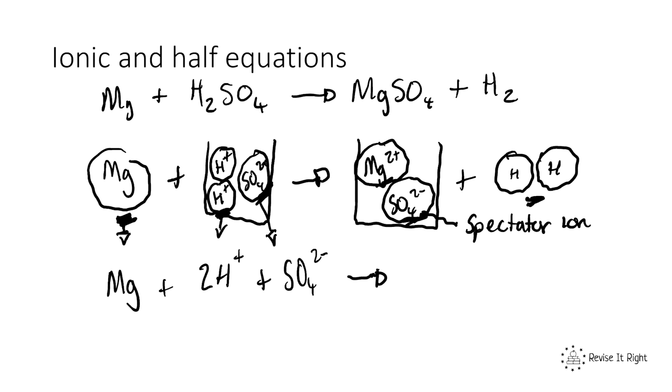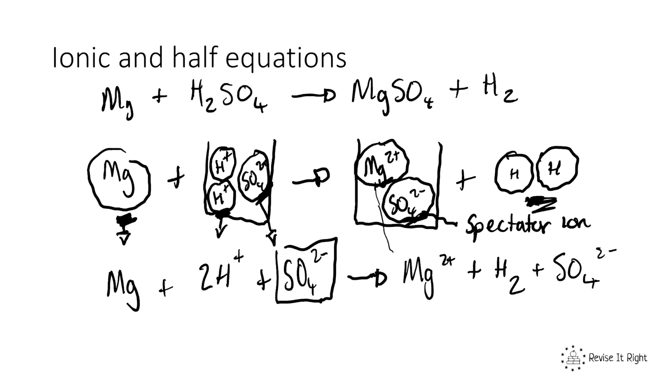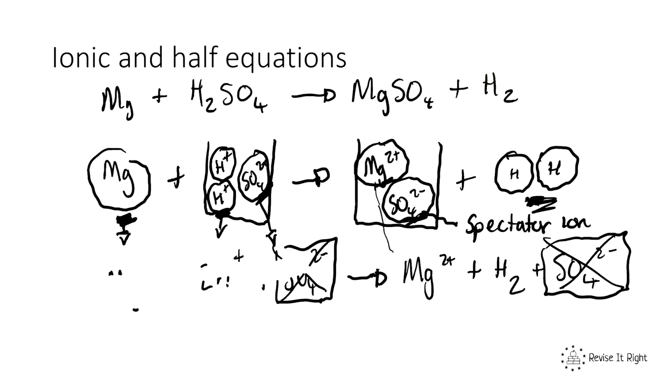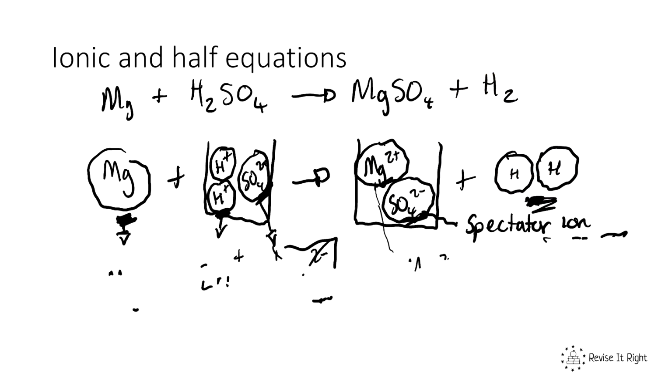And then over on this side, we've now got a magnesium ion plus our hydrogen atoms, which are no longer an ion, plus our sulfate. Okay, now because our sulfate ion was a spectator ion, they cancel each other out on both sides, so we do not write them, okay, because it's a spectator ion, so we do not include them in our ionic equation.